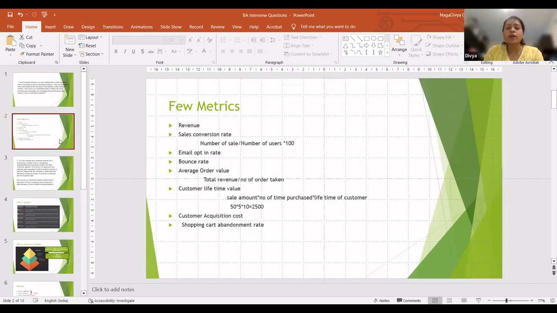As a business analyst, before analyzing these metrics, it's very important for us to understand the industry benchmarks as well. The industry benchmark is nothing but comparing our metrics with the other companies in the industry and seeing how they are performing, which helps us to understand where we actually stand.